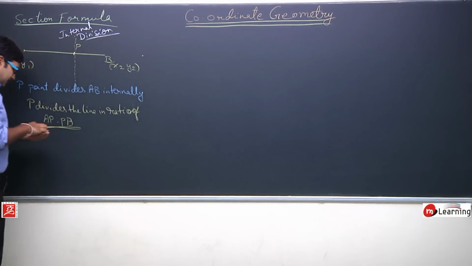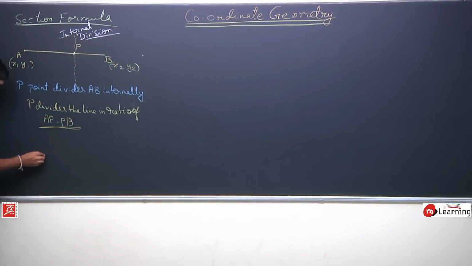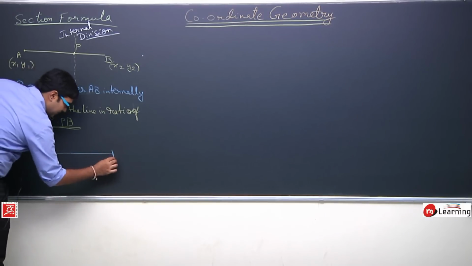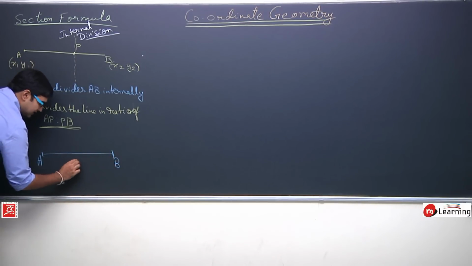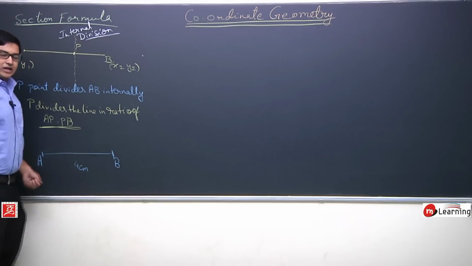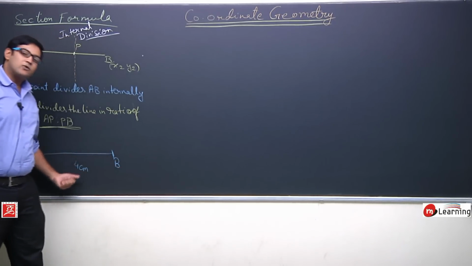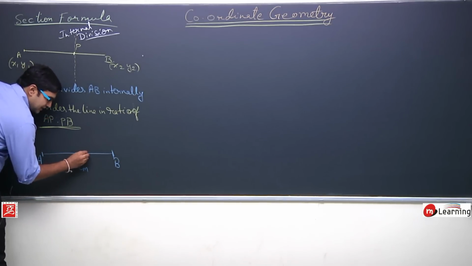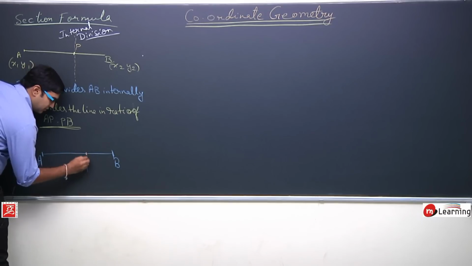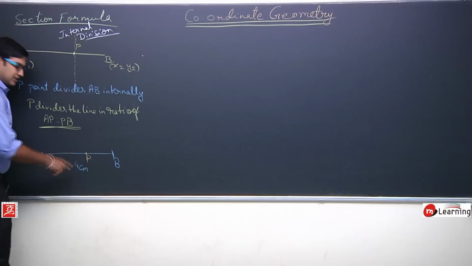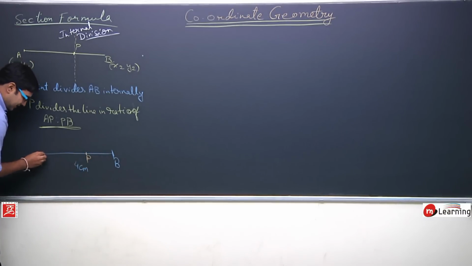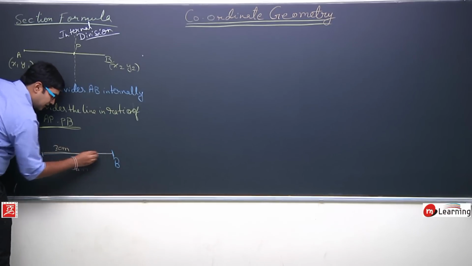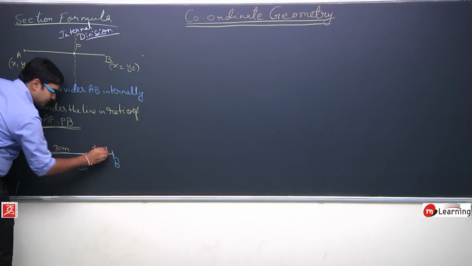For example, if I consider a line, let us say this point is A, this point is B, and this is a line segment of, let us say, 4 centimeters. I have assumed a line of 4 centimeters, and let us say there is a point P on this line segment such that AP is 3 centimeters and PB is 1 centimeter.